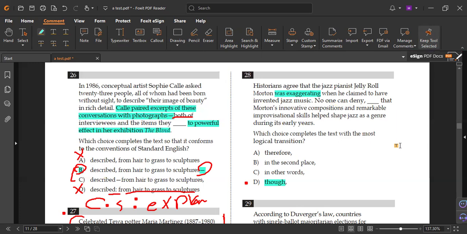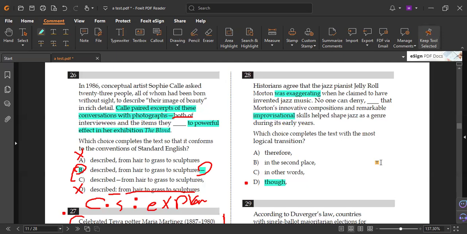Do you feel it? He said here, no one can deny the innovative compositions and remarkable improvisational skills. That means, yes, he exaggerated, he improvised. And improvise means to do something without planning. It's a spontaneous reaction.